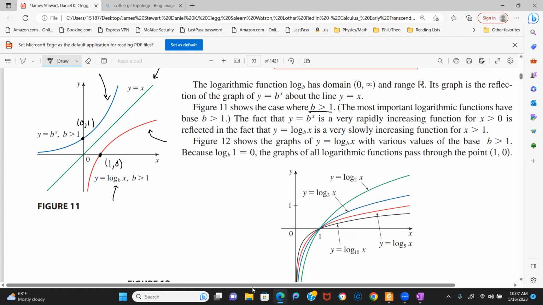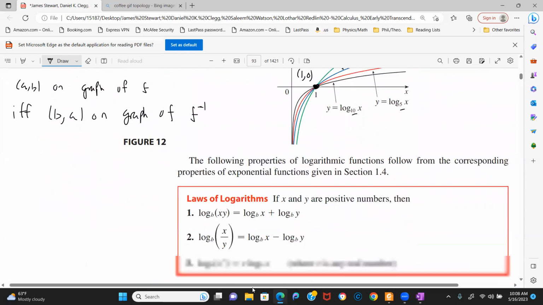Remember, (a, b) is on the graph of f if and only if (b, a) is on the graph of f inverse. And f inverse is the natural log function in this case. So all these log functions for different bases, 2, 3, 10, 5, they all go through this point, (1, 0). And that's because (0, 1) is on the graph of the exponential function.